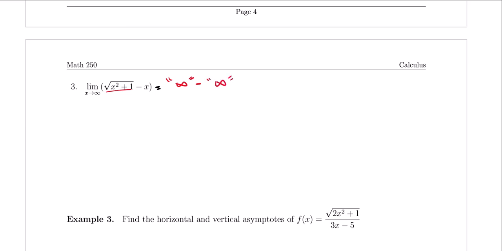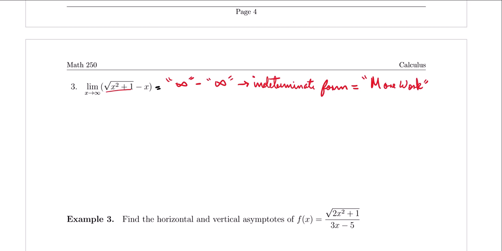You may remember from our previous recordings that infinity minus infinity is an indeterminate form, which we now know basically just means more work. Since we already encountered problems involving radicals, you may remember that one of the strategies to get rid of an indeterminate form is to multiply by the conjugate.